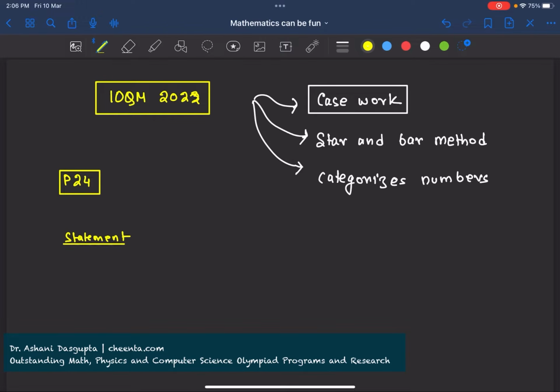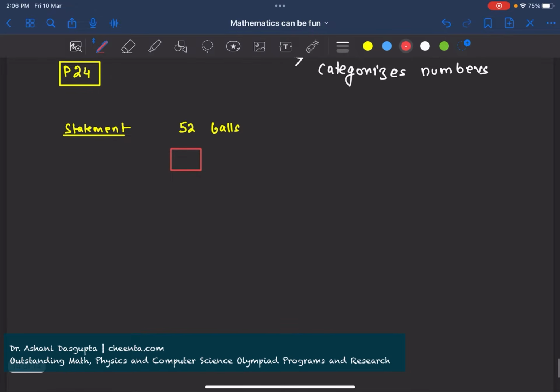The statement says that there are 52 balls and 4 distinguishable boxes. So there are 4 distinct boxes like this. I'm drawing in different colors, and 52 balls which are identical.